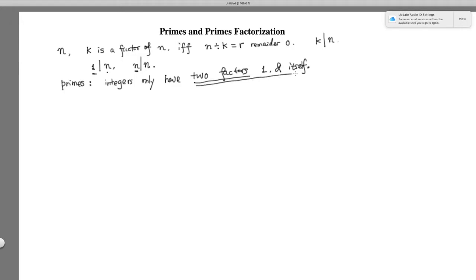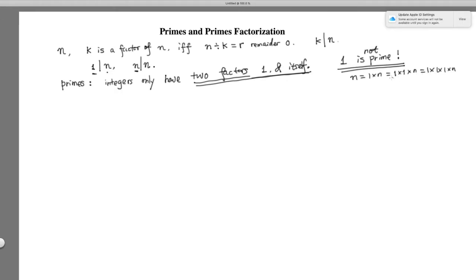If there's only one factor, 1, then this is not a prime. So by this definition, 1 is not a prime because 1 only has one factor. It's not a prime. Very important. And we'll see that this is really for convenience. Later we'll learn in prime factorization that if we include 1 as a prime, then any number n can be written as 1 times n, also as 1 times 1 times n, and as 1 times 1 times 1 times n, because 1 times anything equals that thing.